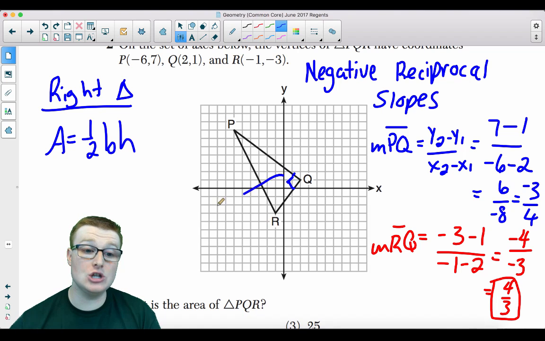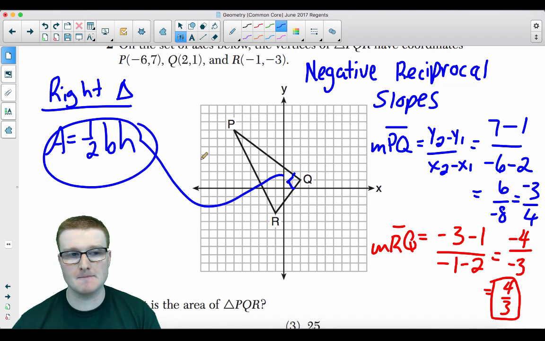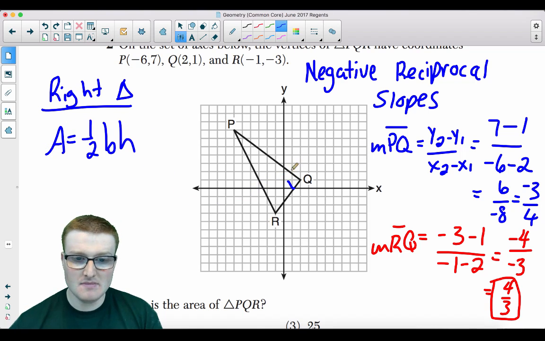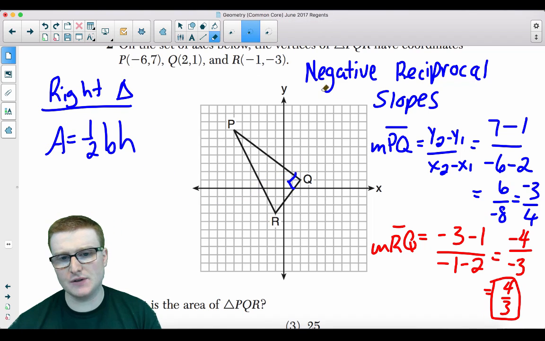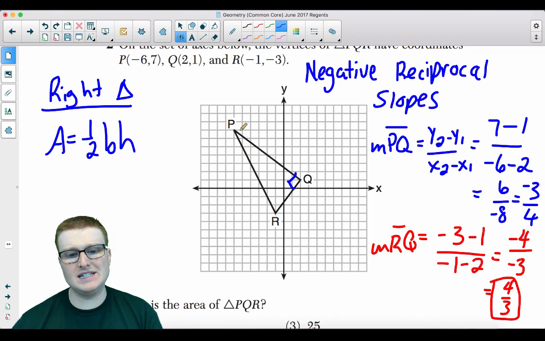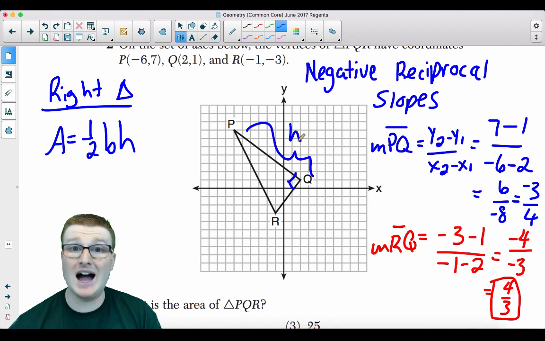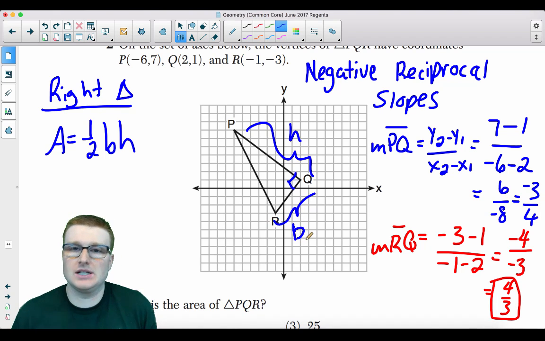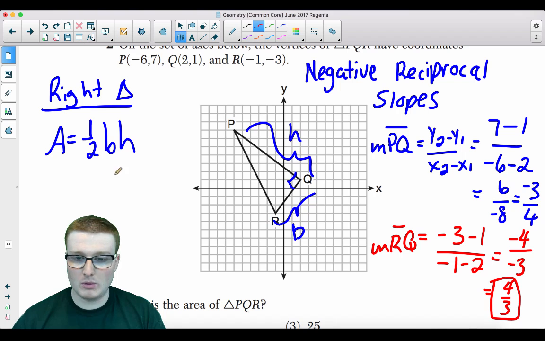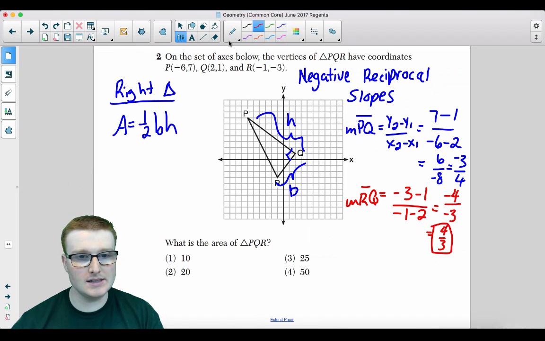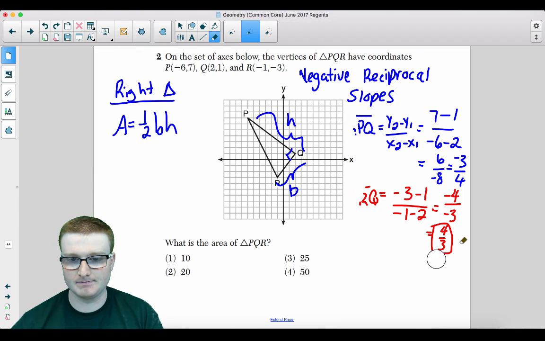That means we could use this formula right here. So let's go ahead and use what we know. First things first, we've got to figure out the distance of PQ and RQ. PQ in this case is your height and RQ is your base, or vice versa. It doesn't really matter. So we're going to use the distance formula. I'm going to erase this to give myself some more room.